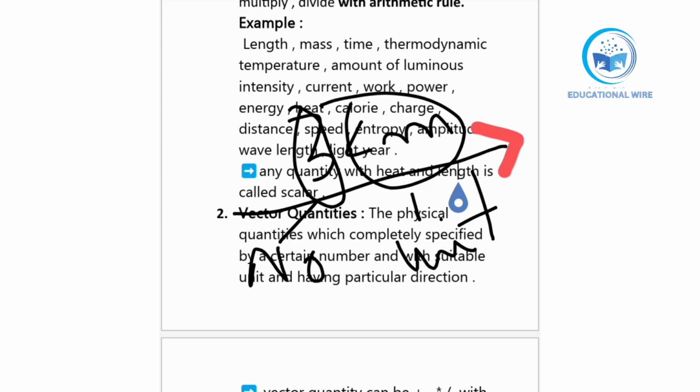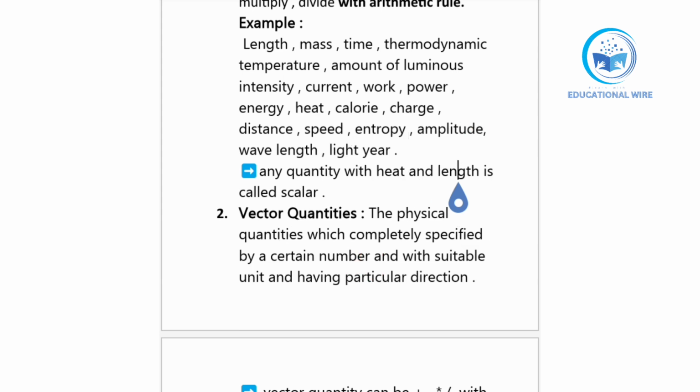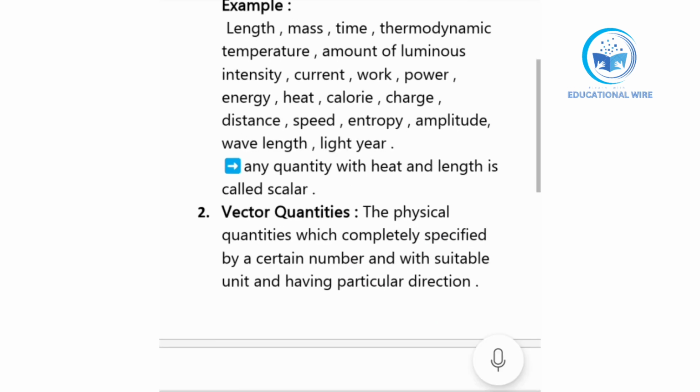So the magnitude and the addition of particular direction is called vector quantity. Hope you all understood about the vector quantity and the difference from scalar quantity.